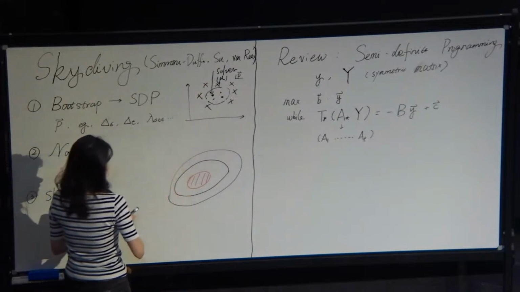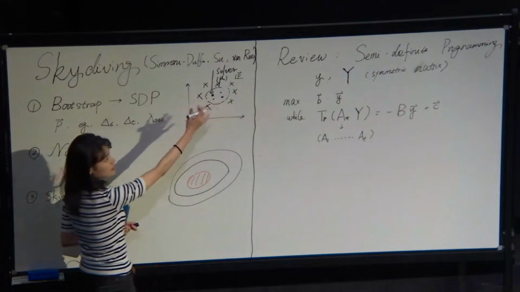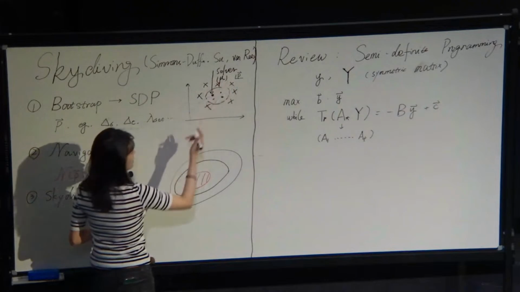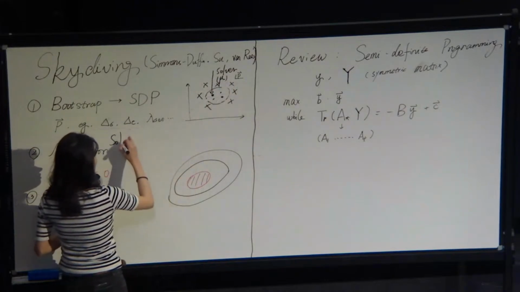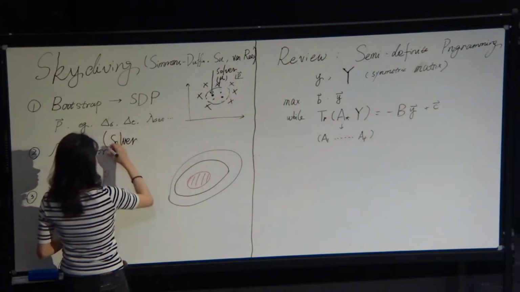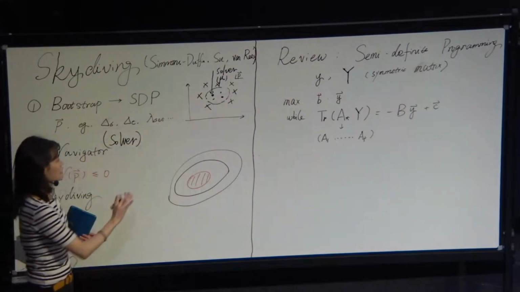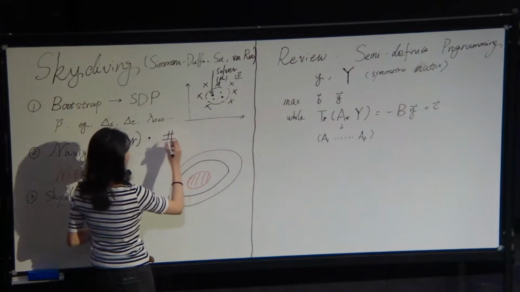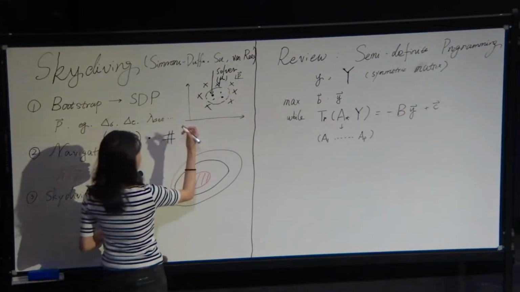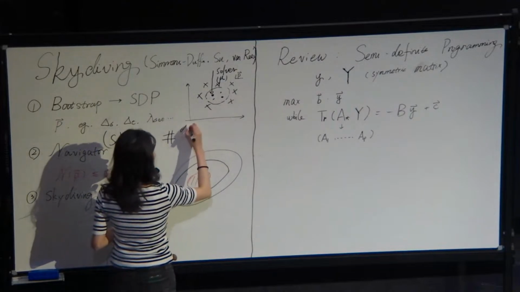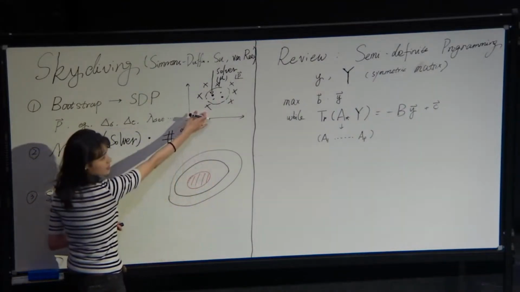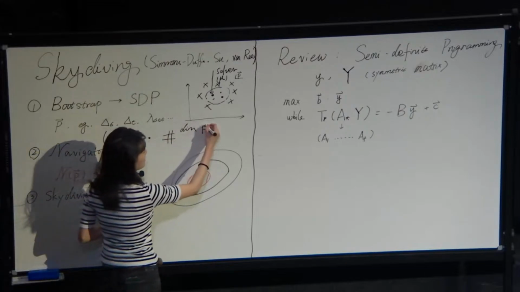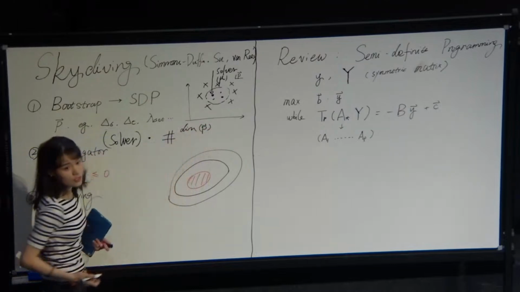Now let's look at the computational cost of this process. Each point requires the solver to run once, and then the total cost is how much time each point takes and how many points we have to sample. The number of points we have to sample grows with the dimension of the parameter space.